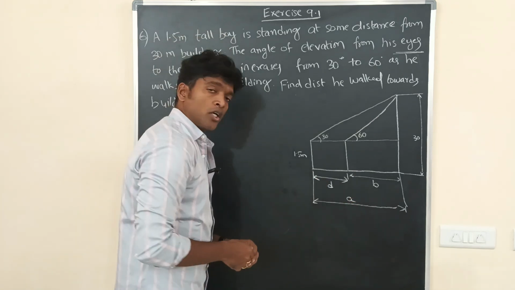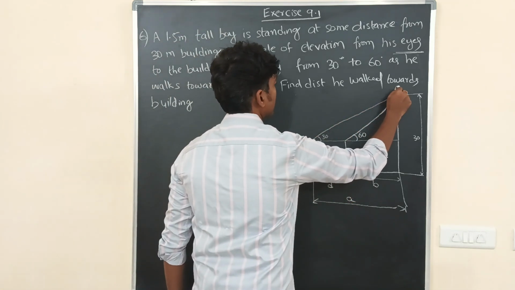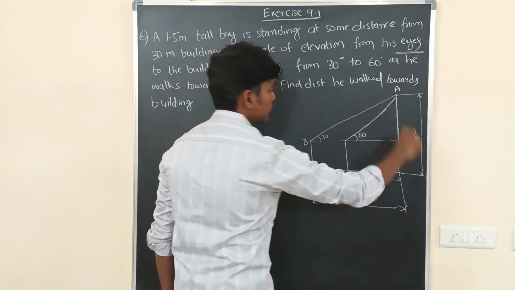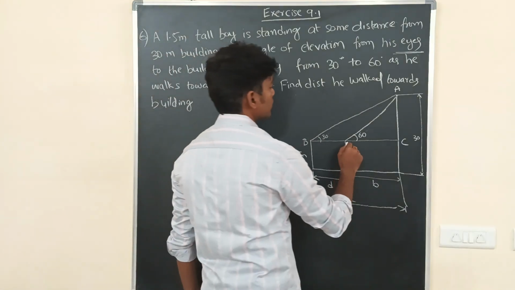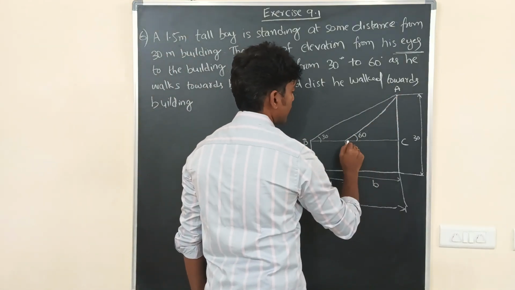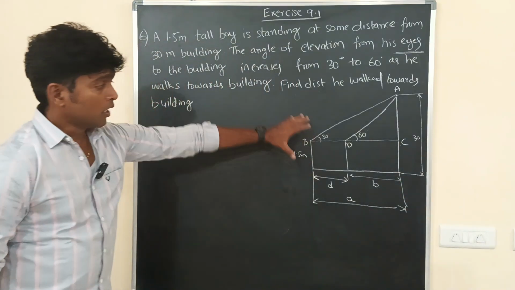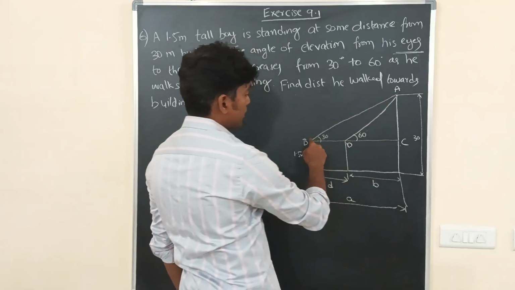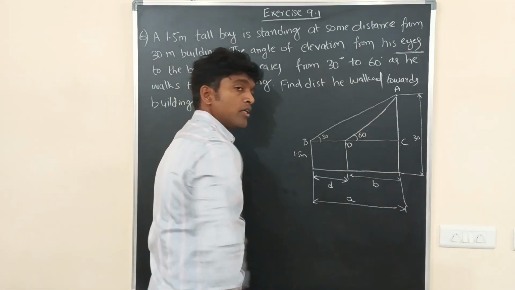Now let us consider this one as triangle ABC, and this one as triangle ADC. Observe very carefully. There are two triangles: one is ABC, another is ADC.